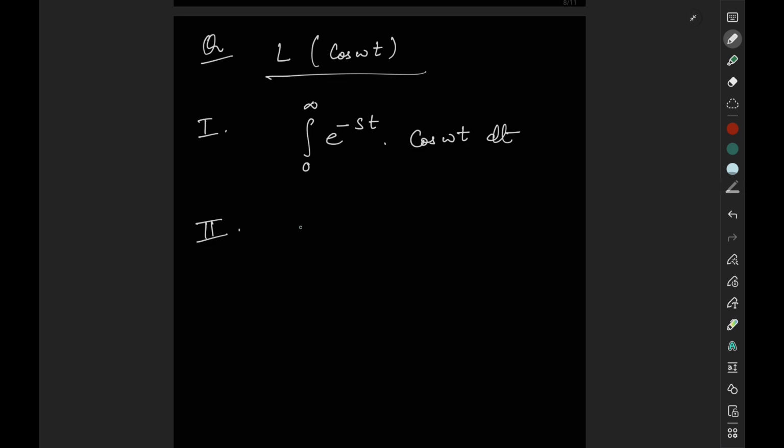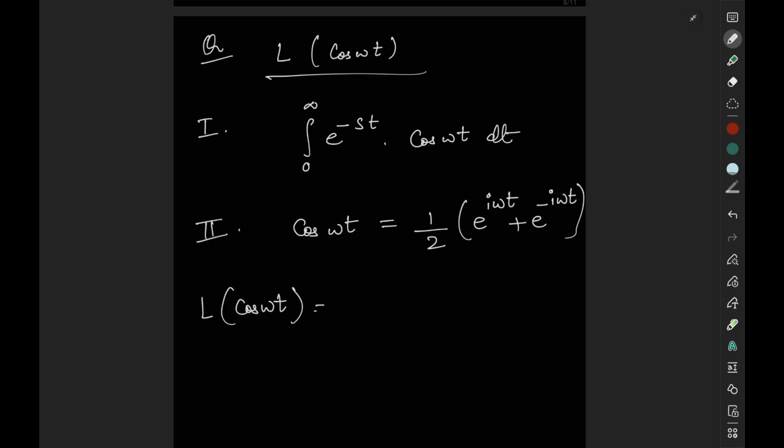So instead we will write cos omega t using Euler's formula, that is 1 upon 2 times e to the power i omega t plus e to the power minus i omega t. So the Laplace of cos omega t will become 1 upon 2 times the Laplace of e to the power i omega t plus the Laplace of e to the power minus i omega t.